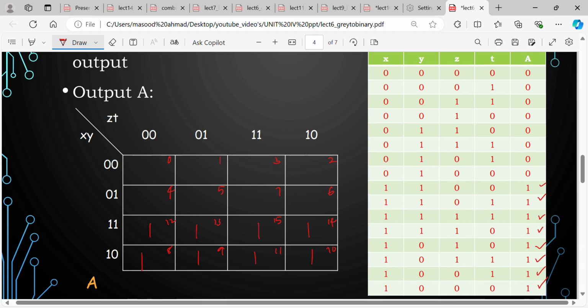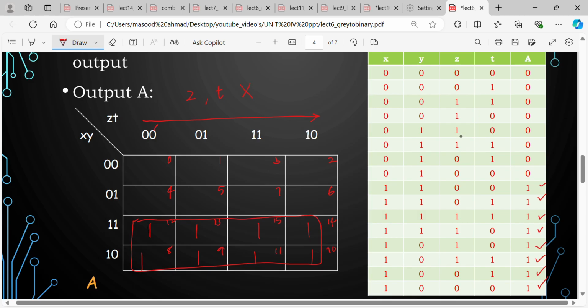So I can combine these 8. If I combine them, what is common here? Over this direction, when I take all 4 into consideration, 0 to 0, 0 to 1, 1 to 0, so Z is changing, T is changing. The variable which is changing will not be there in the expression.